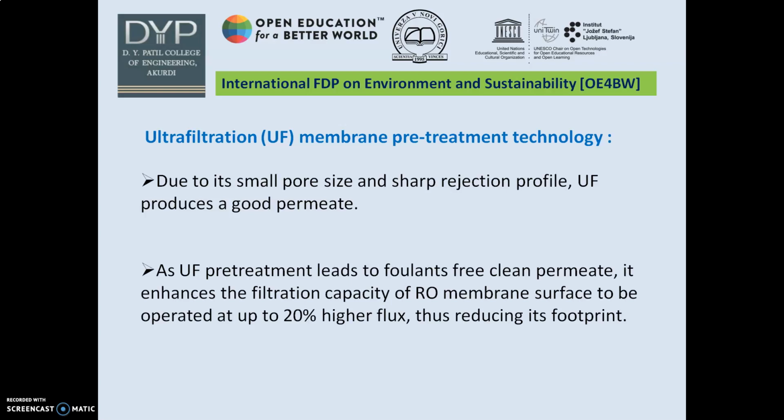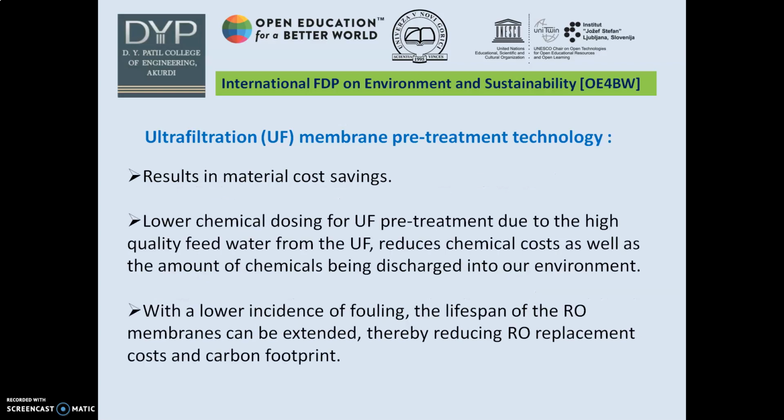As ultrafiltration pre-treatment leads to foulant-free clean permeate, it enables the RO membrane surface to be operated at up to 20% higher flux, thus reducing its footprint. It results in material cost savings.